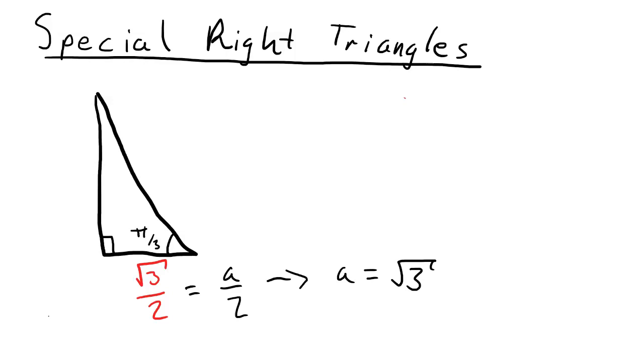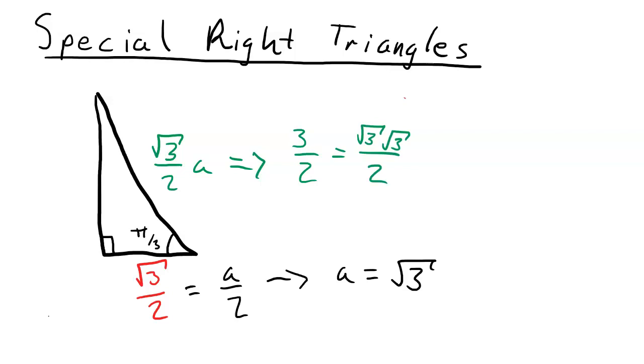And from this, we can backward solve. So this is square root of 3 over 2 times A. So that means that this side is equal to 3 over 2, because 3 over 2 is equal to square root of 3 times square root of 3 over 2. And using this A as well, we know that this side is simply A, so that means that this side is equal to just square root of 3.